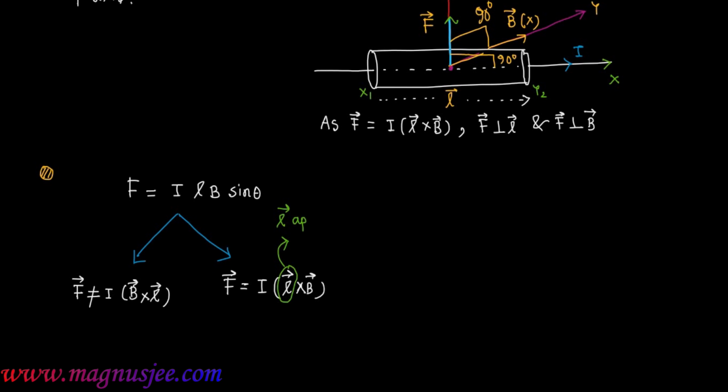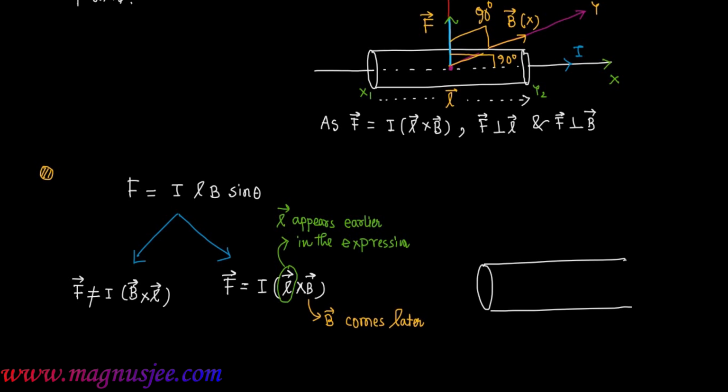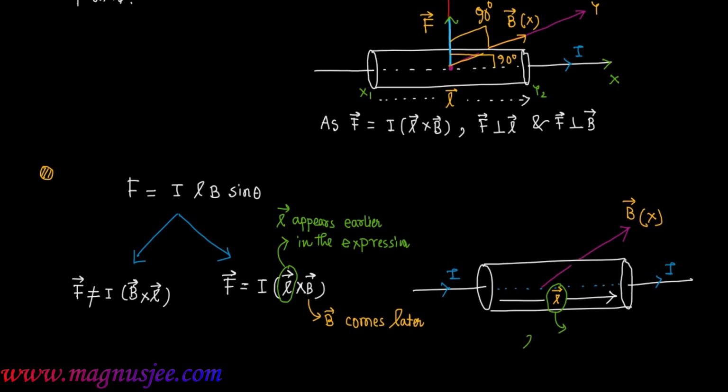Vector L is the length vector, which appears earlier in the expression, and vector B comes later. If we draw the straight conductor and its axis, current flows through the conductor, vector L acts towards the right in the direction of current, and vector B, the magnetic field induction, acts inwards.